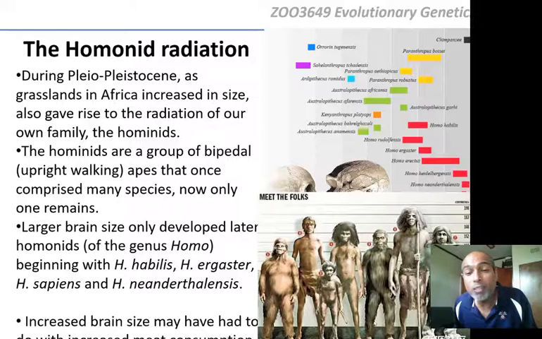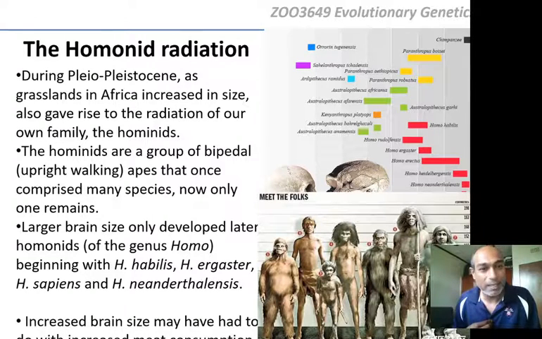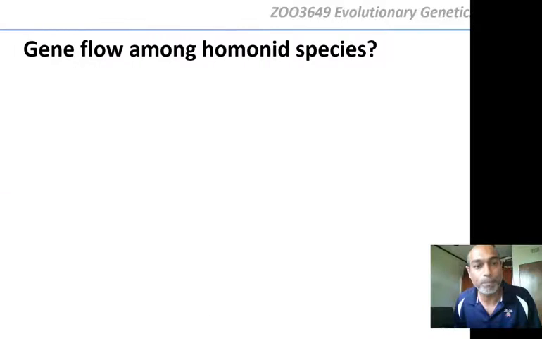So all of these guys are extinct, except who? Us. We are the only one of these red guys here who are still alive. Our species is not just standing by itself. Didn't just pop out of the earth from nowhere. It evolved, we evolved as part of a massive adaptive radiation during the Pleistocene period in Africa. Okay?